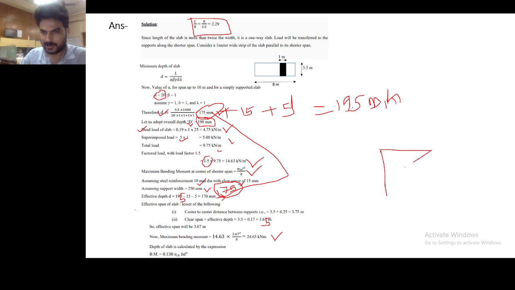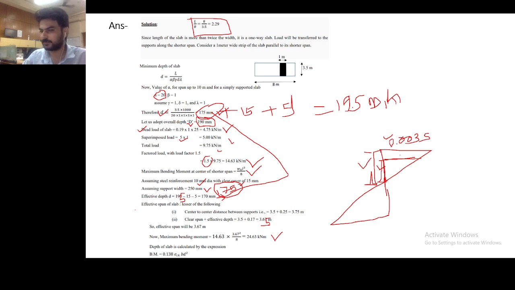It is like this, right? If at this level you want to calculate the stress, it can be calculated by similarity of triangles if you know this distance and this distance from the neutral axis, and you also know this as 0.0035.